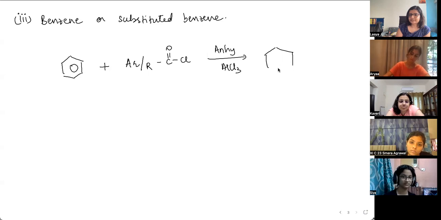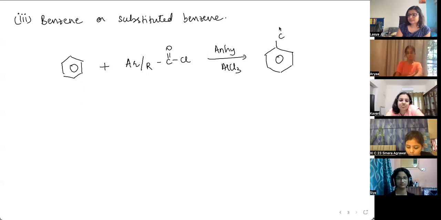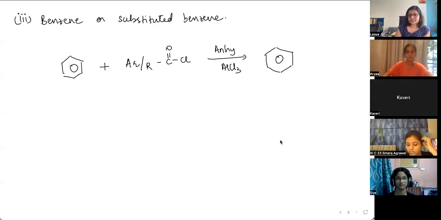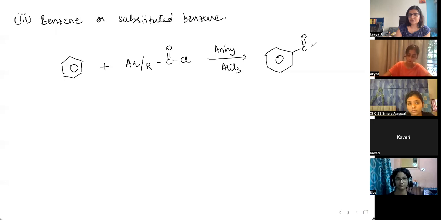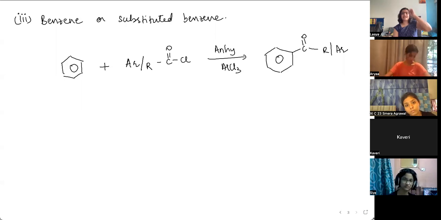You get C double bond O attached to either R or Ar, depending on what you started off with. Do you remember the name of this reaction? Does it look like anything you've studied before?